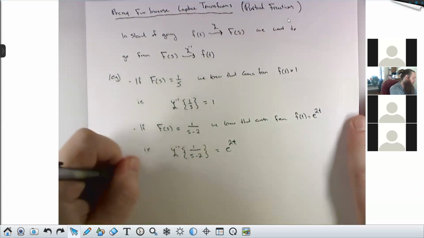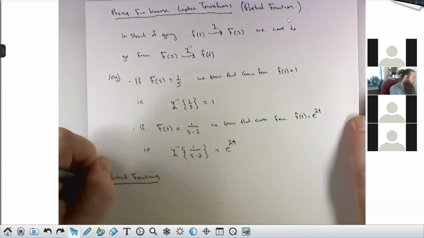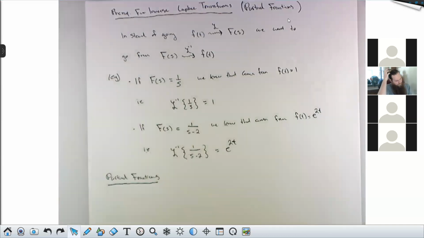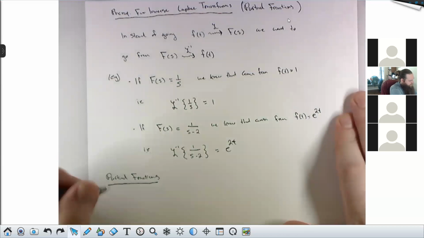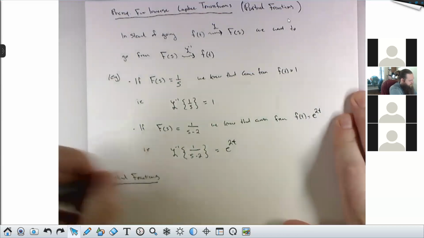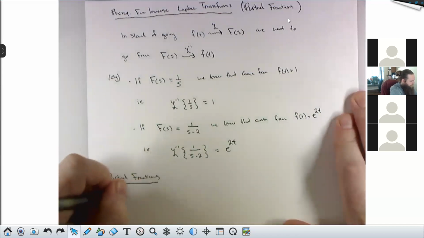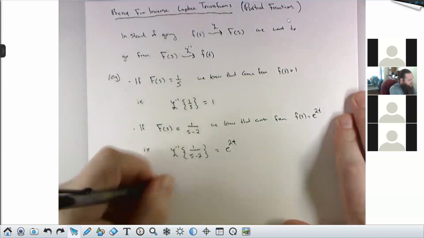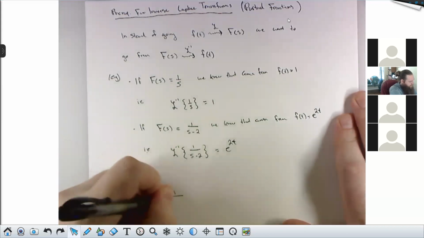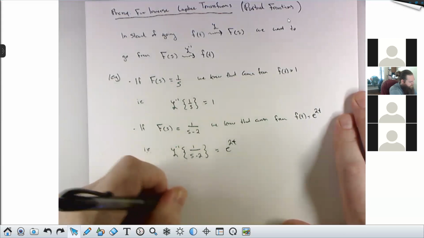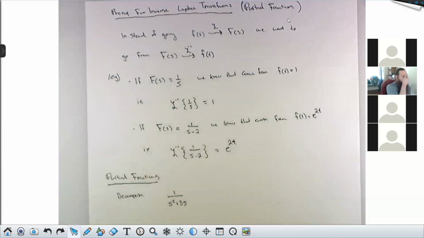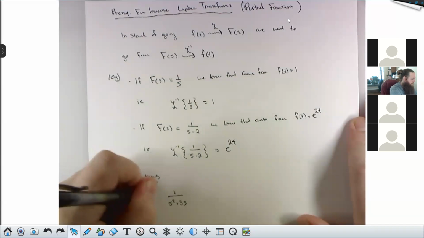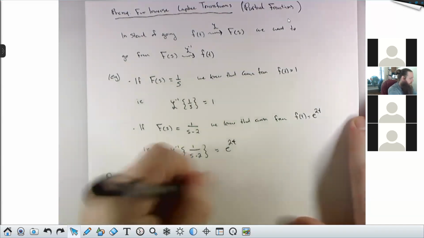I'm not going to go back through all of partial fractions. For one, it's a pain to write out. For two, you memorize the cases, and then you sort of get to a place where you can feel your way through things. So suppose I want to decompose, just going to show you some examples, the function 1 over s squared plus 3s, I'll call it big F, into nicer pieces.